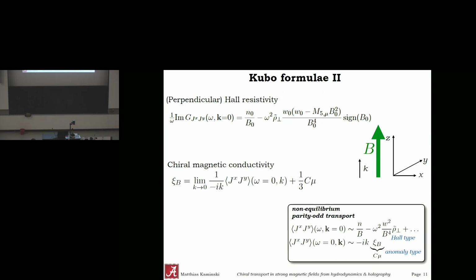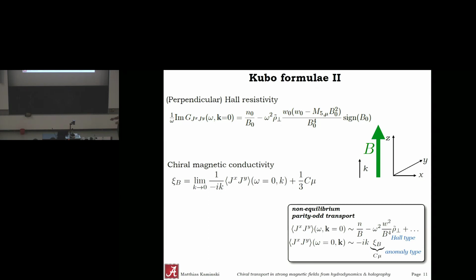This is your resistivity in that plane, and then you have an anomalous response, which is in the same currents x and y, but you give it a momentum. And so here is the exact Kubo formula that you get from this hydrodynamic treatment.